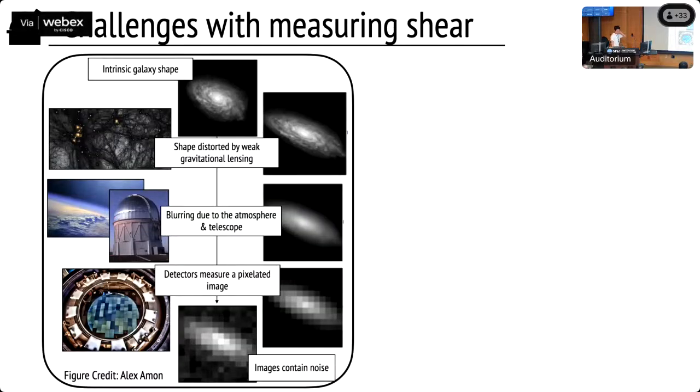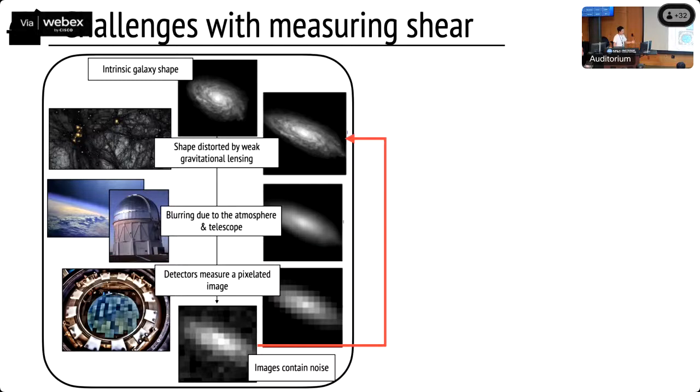Okay, so let me start by illustrating the challenges associated with measuring the shear signal. I think Jirchuan covered most of it. This illustrates how the light from distant galaxies goes through cosmic structure, atmosphere, telescope, and detectors. But in reality, what we see is this last thing, which is pixelated, blurry, and noisy.